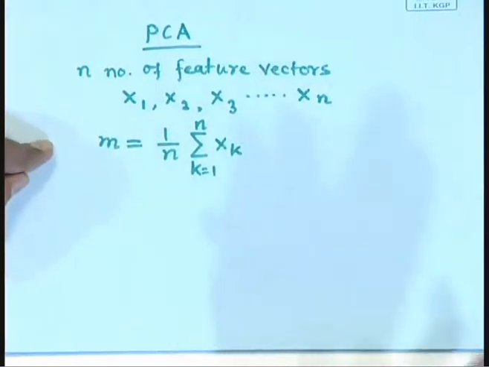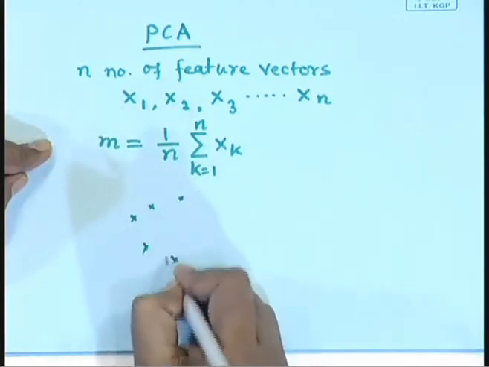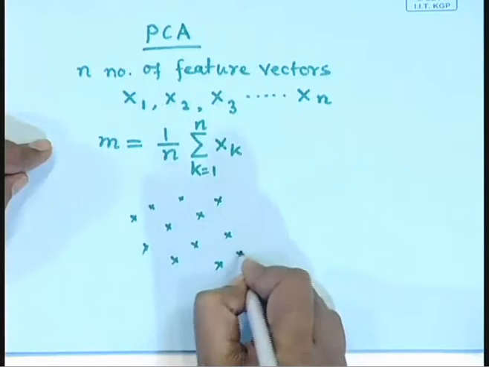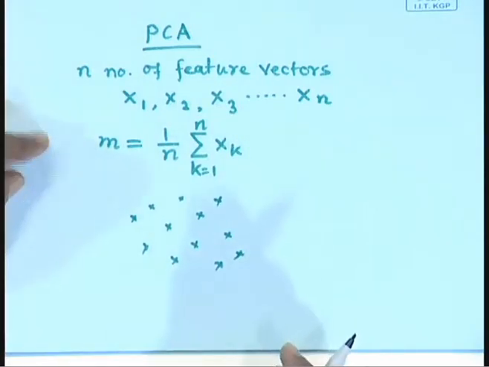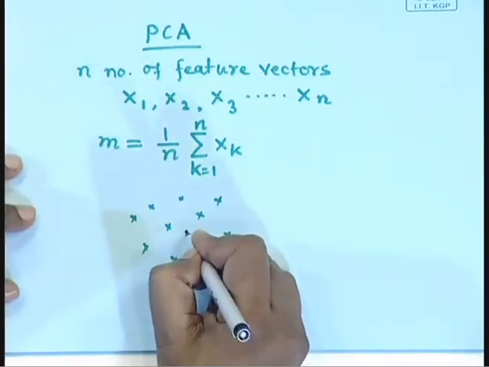Okay. So, if I want to project onto a single dimension, suppose I have the set of points something like this, they are arbitrarily distributed, I have n number of such points, okay. And the mean m is somewhere over here.